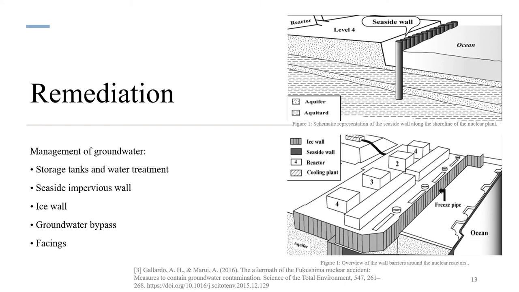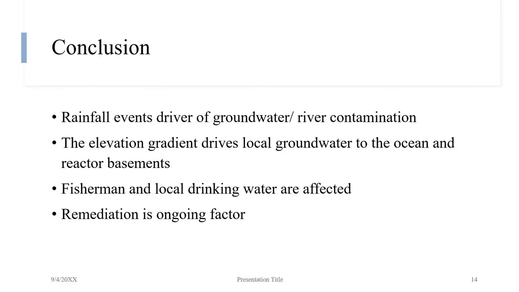And then the flat lands and the slopes around the nuclear plant are being covered with an asphalt layer or facings that restrict rainfall recharge and contribute to a general reduction of the water table. The ultimate purpose of the strategy is to minimize seepage and thus prevent any rainwater from being mixed with the contamination plume.